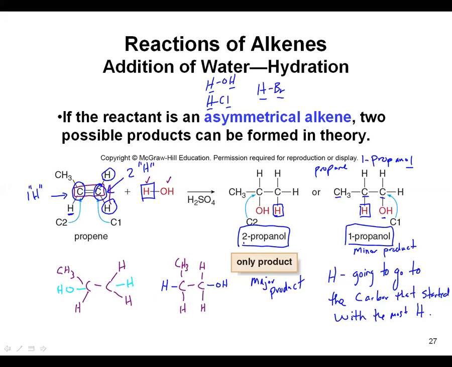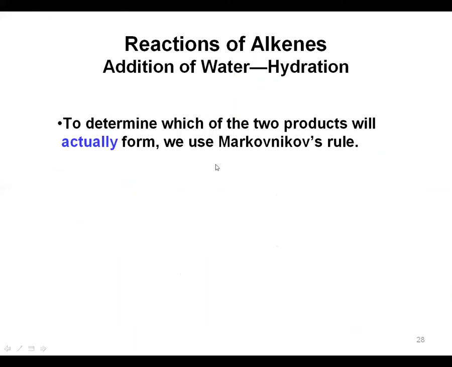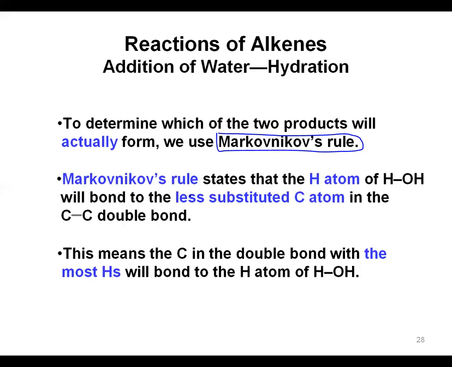All right. So let's take a look here. And that was the guy's name that I was butchering really badly. That rule where we put the hydrogen coming in on the one with the most hydrogens is what's known as Markovnikov's rule. And that's basically what it says here.